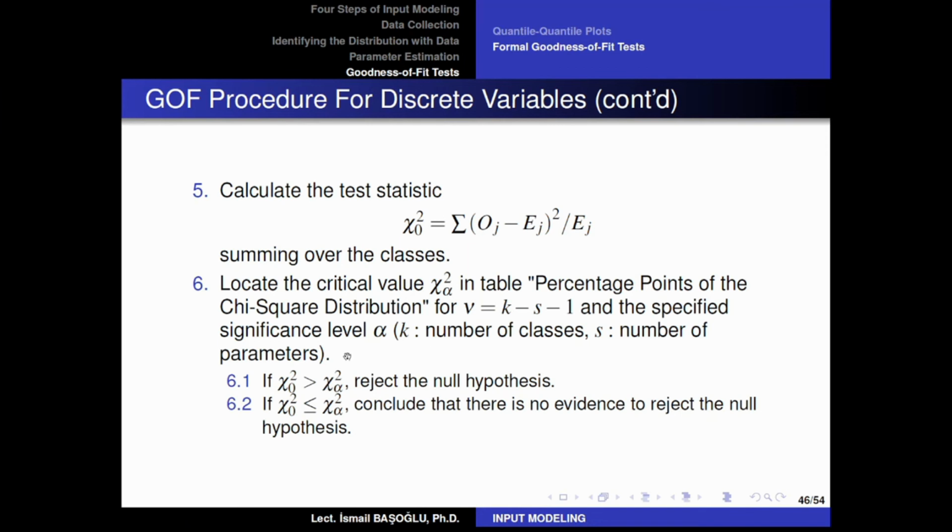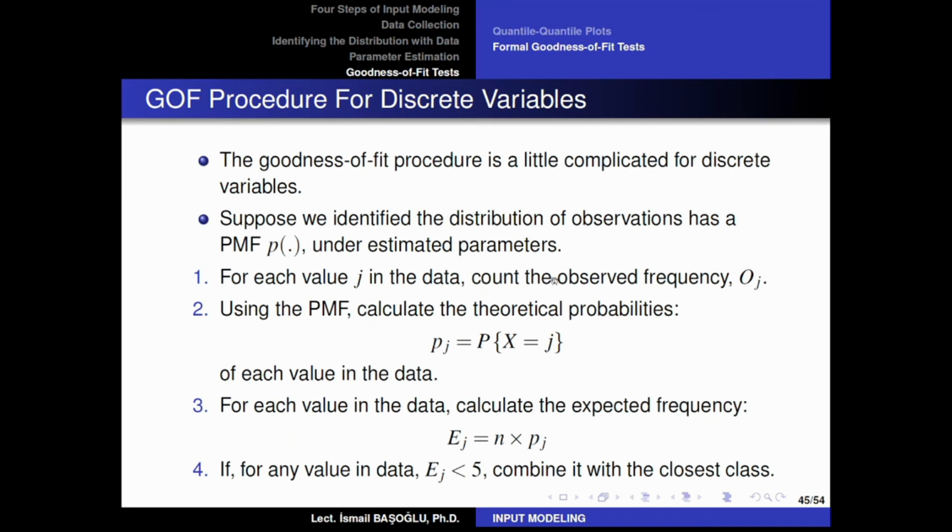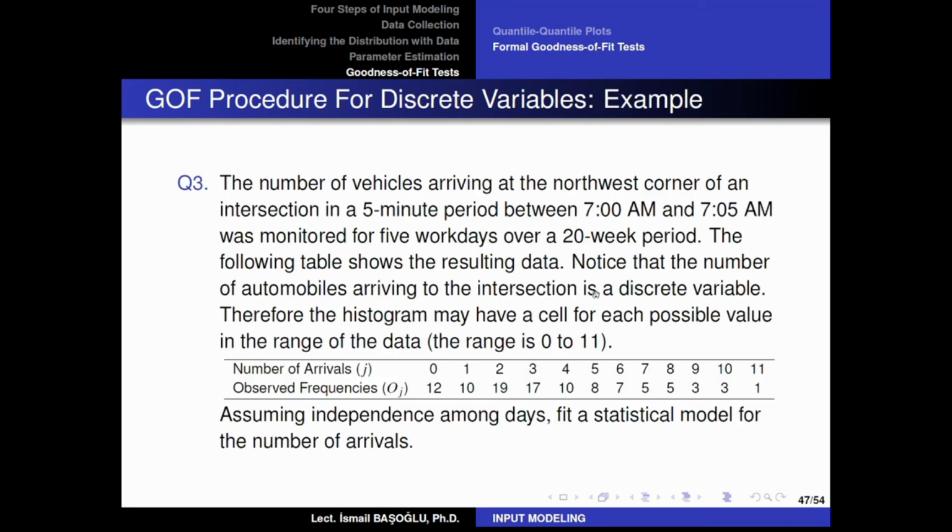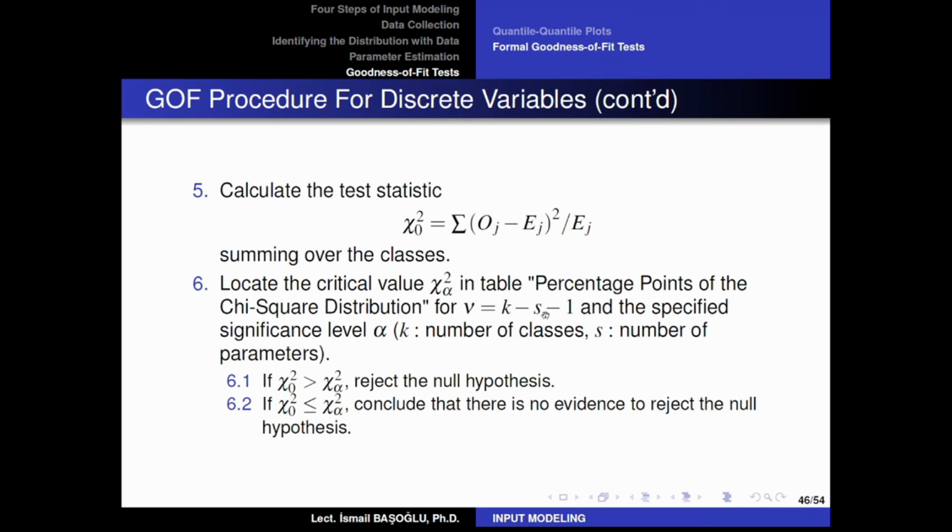For every parameter that we have estimated in the null hypothesis, we need to subtract it to determine the degrees of freedom. So if the test statistic, my friends, is greater than the critical value, then we reject the null hypothesis and say that the sample does not follow that discrete distribution with that parameter setting.